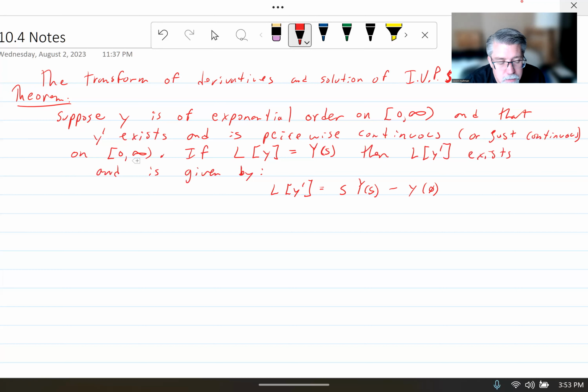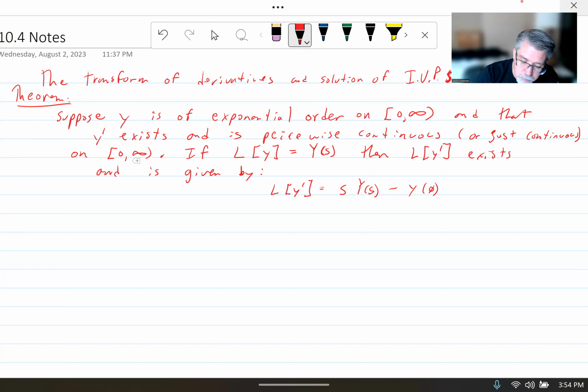Okay, so in order to solve a differential equation with a Laplace transform, we need to be given initial conditions. That's the one stipulation. What we're doing here is turning something into a Laplace transform, doing some algebra with that, and then turning it back into a function using an inverse Laplace transform at the very end.